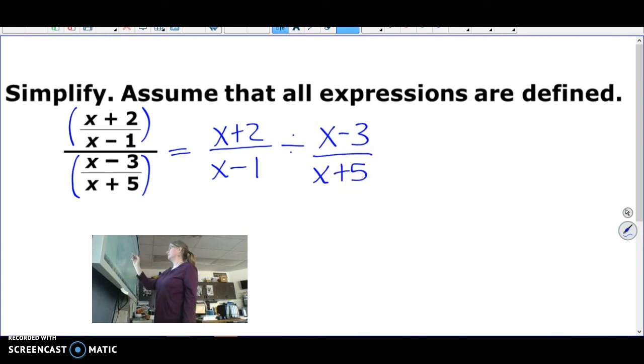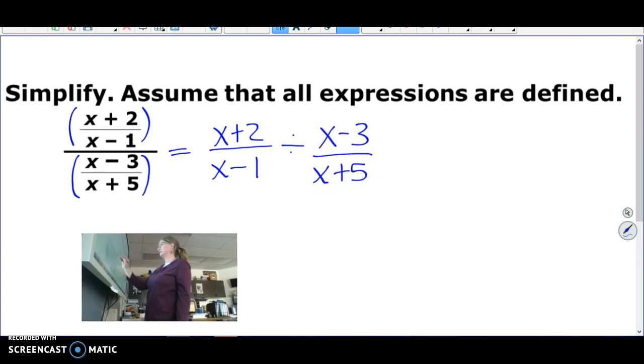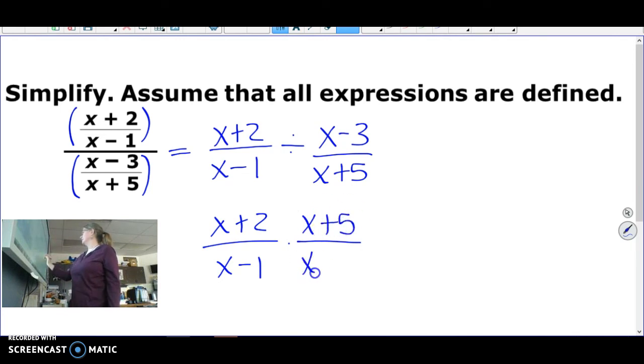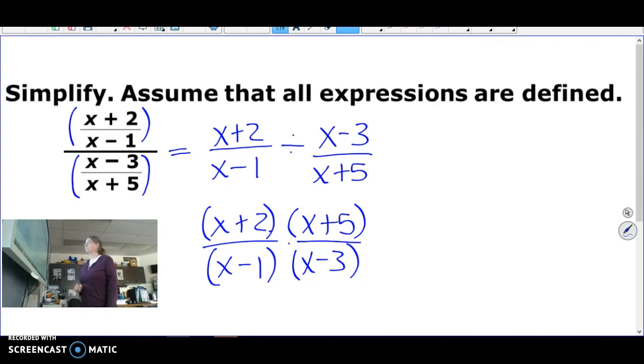And then again, you're going to flip this second fraction, and we're going to turn it into multiplication. Now, this is x plus 2, that whole quantity times x plus 5, so I'm going to put these in parentheses like that. There aren't any common factors, so there's nothing that we can simplify.